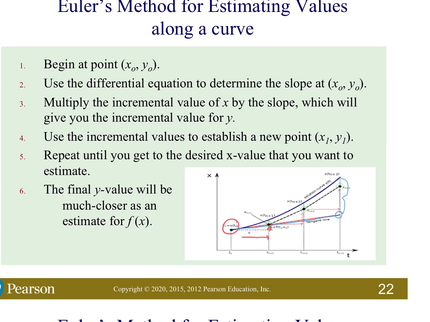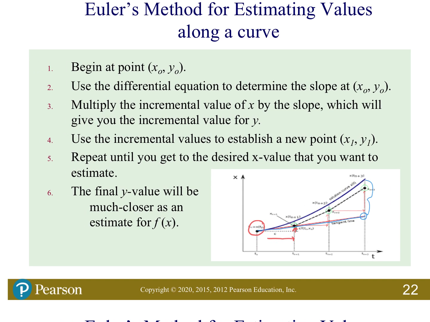All right, so step one, start at a convenient point. Step two, determine the slope so that you can count out your run and then your rise, doing this by incremental values, okay? And then we talked about that, incremental values.